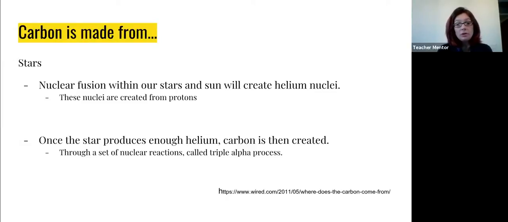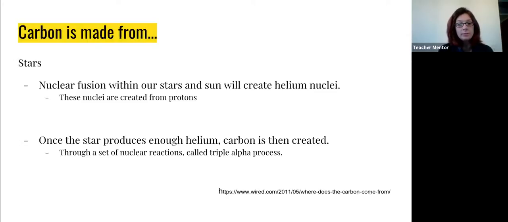Remember, nuclear fusion is where I fuse two things together. Taking extreme heat and extreme energy, I am fusing two things together. So it's going to create helium nuclei, and many of these.